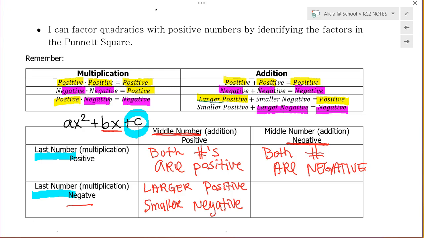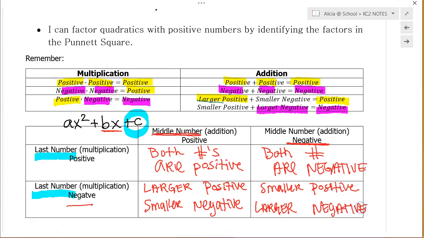If we have a negative value for c, and that middle number is a negative, now we need more negatives, so the smaller number is going to be positive, and the larger number is going to be negative.